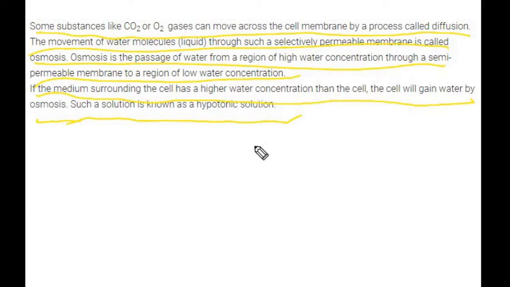In osmosis, there are different types of solutions, or types we can call them. So we'll be reading now. First one is the hypotonic solution that we are seeing right now. And there is another type which is known as isotonic solution.